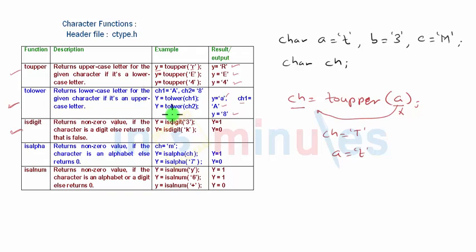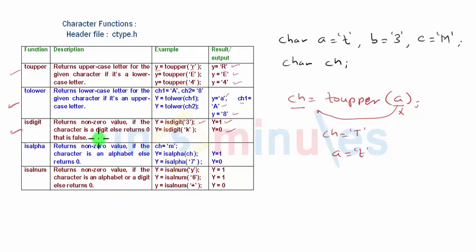See the example over here. It is y equal to isdigit in bracket 3. Since 3 is a digit, it returns some non-zero value, let's say 1, and isdigit of k will give me the answer 0. So it just returns the answer as true or false: true, non-zero, and false, 0.